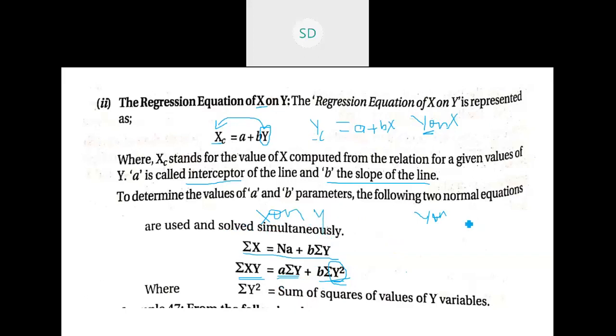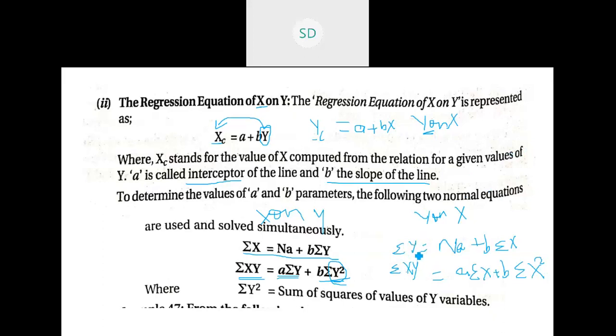For y on x, you had summation y equals na plus b summation x. Then summation xy remains the same, which is equal to a summation x plus b summation x square. So this was the expression for y on x. Now wherever you have y, you are supposed to take it as x.